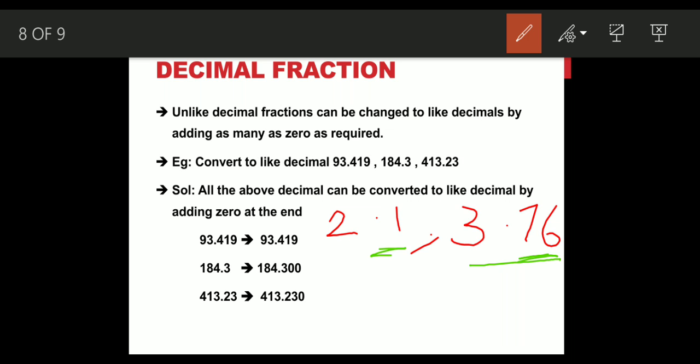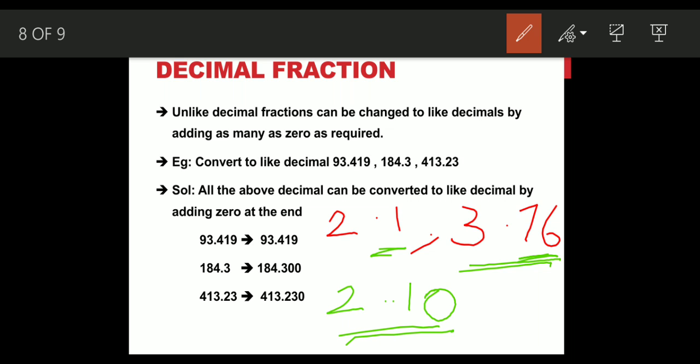What am I going to do? Write the question. 2.1, after the decimal point, how many should there be? I need two places. Already I have one place. So what should I put? I should put only 0. Now do you see? I got two places. So 2.10, 3.76. Now both have the same number of decimal places.